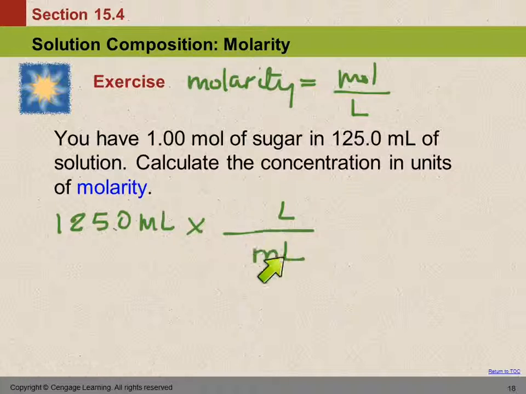What does milli mean? 10 to the what? -3. So up here I'm going to write 10 to the -3. And we look at our units. Milliliters cancel milliliters. And we end up with 0.1250 liters.